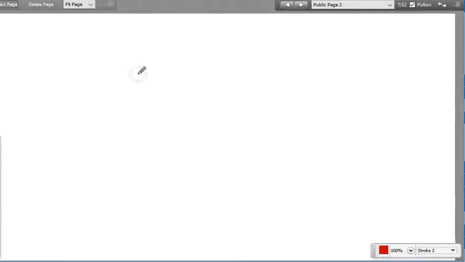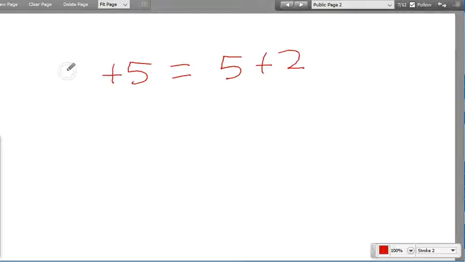Okay, so let's say we have 5 equals 5. Okay, we know that this is a true statement. The property of equality for addition says that if we add 2 to this side and we add 2 to this side, it keeps the equation equal.